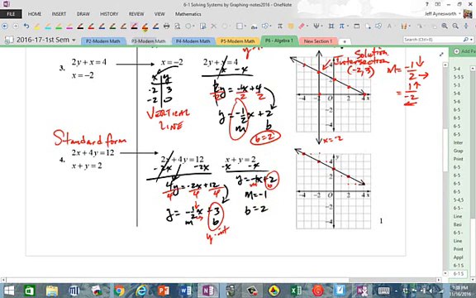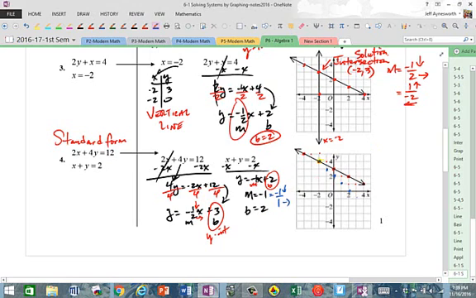Let's graph the y-intercept at 2, and then I have a negative slope. Negative 1 over 1 is down 1, right 1. Reverse it: up 1, left 1, up 1, left 1.